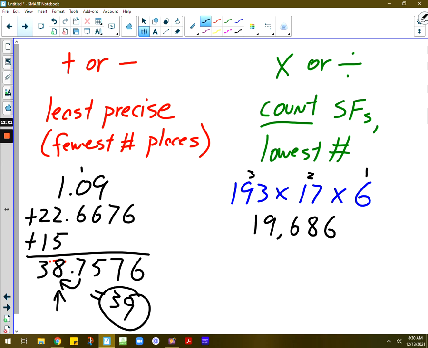But since I can only use one significant figure, I would have to round it to where I only have one significant figure, which would mean that my answer is going to be 20,000 with no decimal. Those following zeros are not significant. And again, very few questions on the test are actually going to be over this because I hate sig figs. Questions on those?